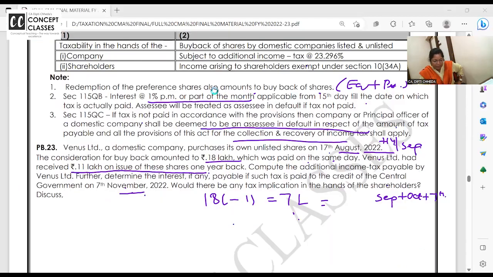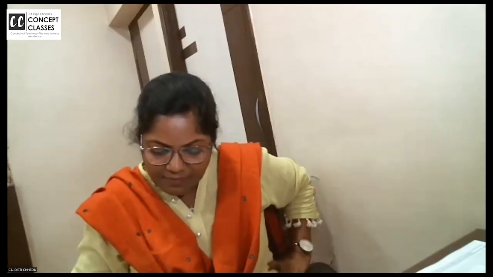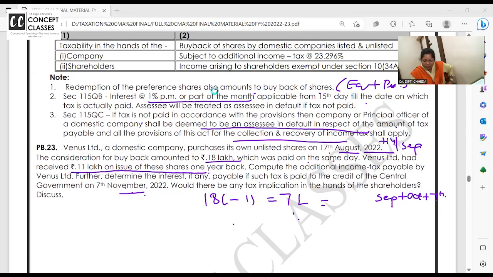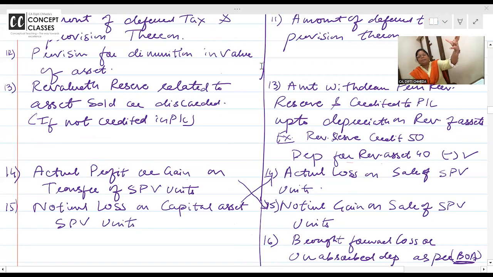This is the 13th point. I don't know if I'm scrolling. One second. Check now. So is the concept clear to you? When I added depreciation as per books and deducted depreciation as per books minus revaluation reserve, I've already added back the revaluation reserve.